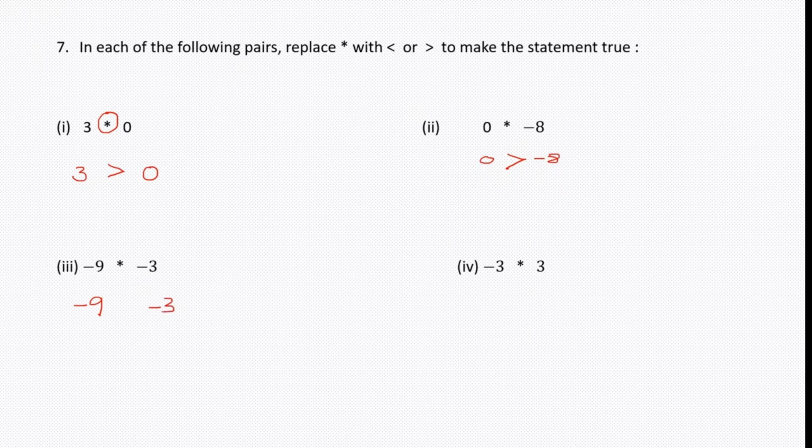Now minus 9 is on the left side of minus 3, so it is less than minus 3. Fourth one, minus 3 and 3. Minus 3 is a negative number, so it's smaller than the positive number.